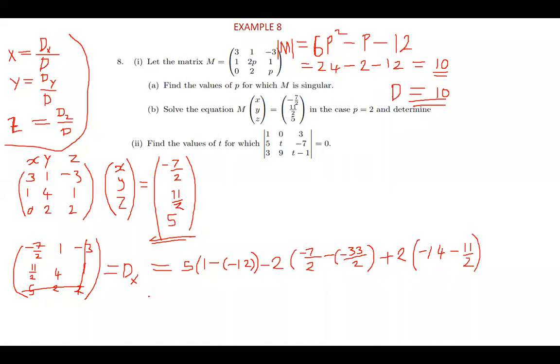Then after simplifying this, I'm going to have 1 plus 12 to be 13, and then 13 times 5, I'm getting 65. So this will give me 65, and then minus 2 times what's there.